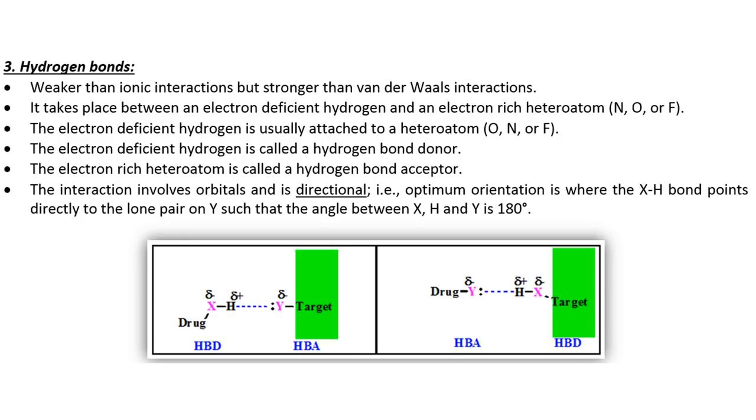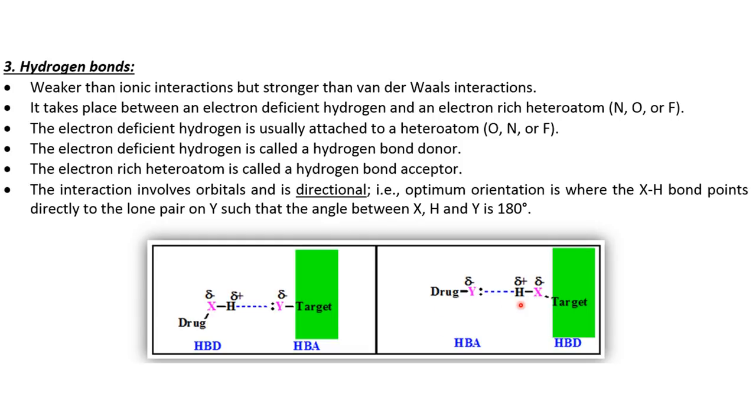Hydrogen bonds occur between an electron-rich heteroatom such as nitrogen, oxygen, or fluorine, and an electron-deficient hydrogen that is attached to another heteroatom such as oxygen, nitrogen, or fluorine. The heteroatom that is attached to the hydrogen is known as the hydrogen bond donor, and the other heteroatom is known as the hydrogen bond acceptor.